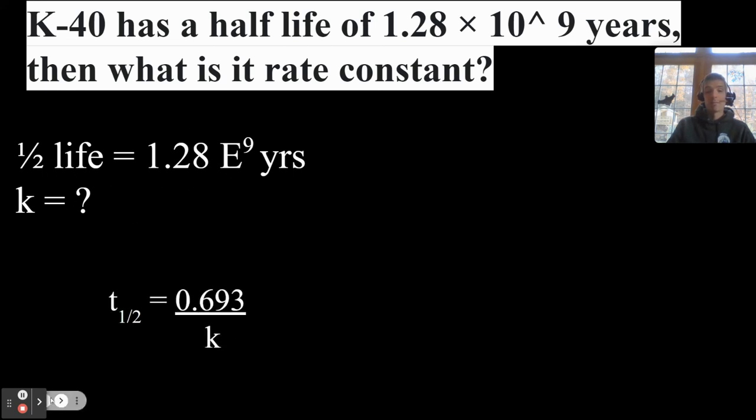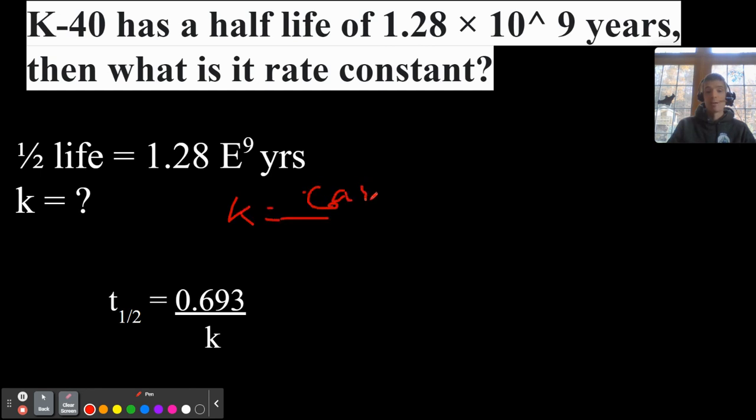So I'm going to plug it into my formula, and these things are essentially going to swap, where I'm going to have K equals 0.693 over my half-life. That's my formula.